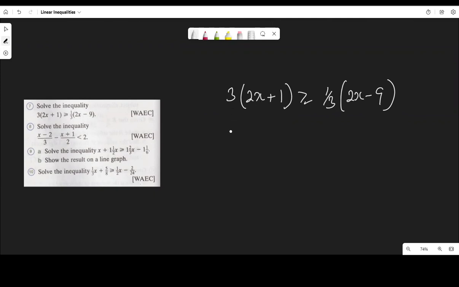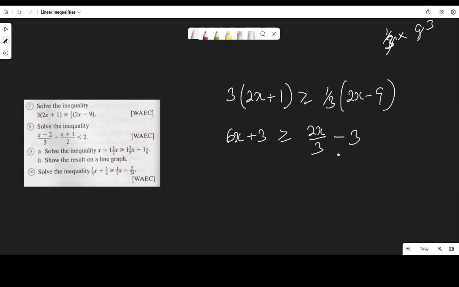So 3 times 2x is 6x, and 3 times 1 is 3, greater than or equal to 1 over 3 times 2x is 2x over 3, and 1 over 3 times negative 9 is negative 3. Look at this, 1 over 3 times 9: 3 here 1, 3 here 3, and 3 times 1 is 3.